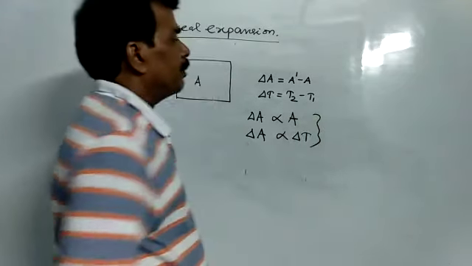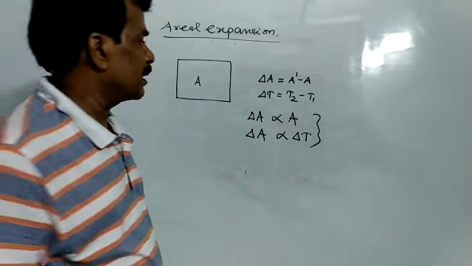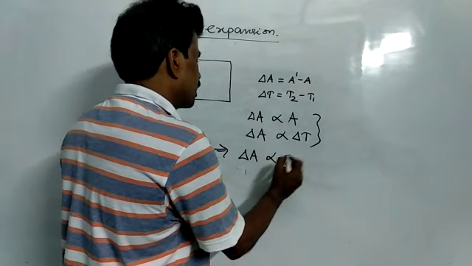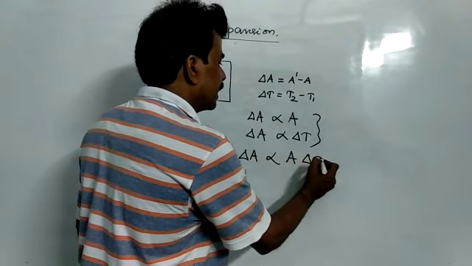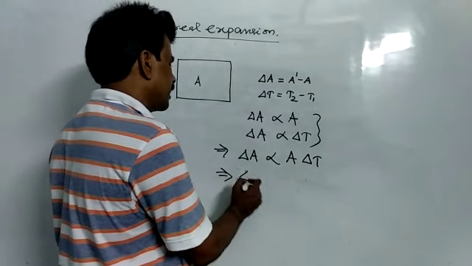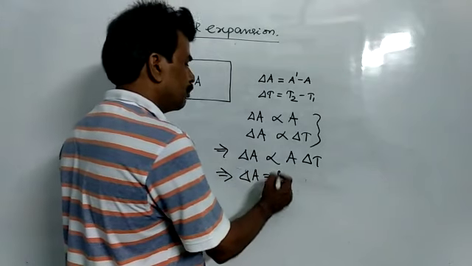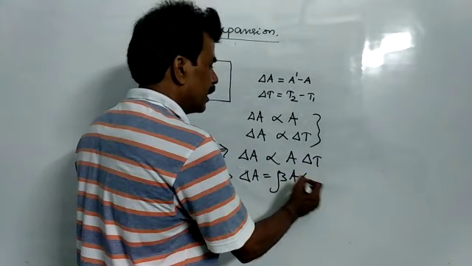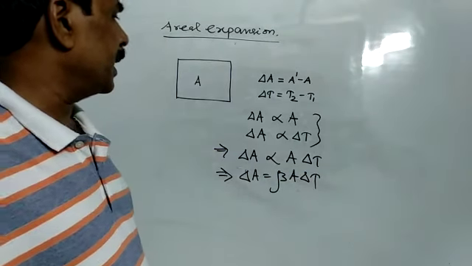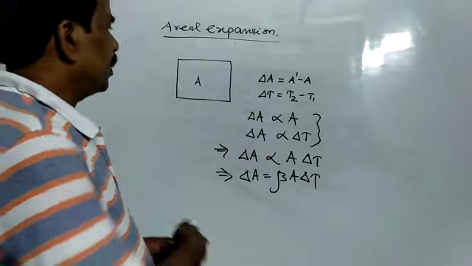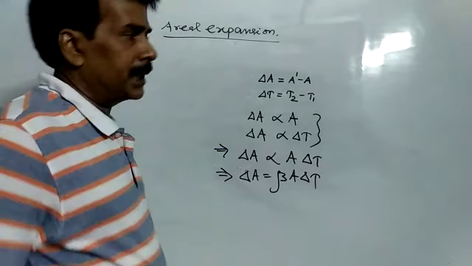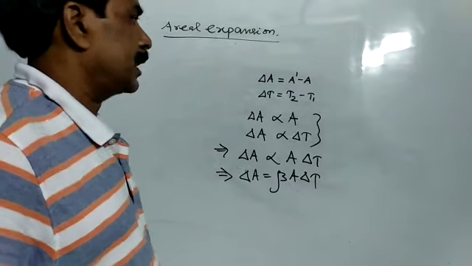If we combine these two, we can write delta A is proportional to A delta T, and from this delta A is equal to beta A delta T. Here beta is a constant of proportionality, and this constant is called the coefficient of superficial expansion.